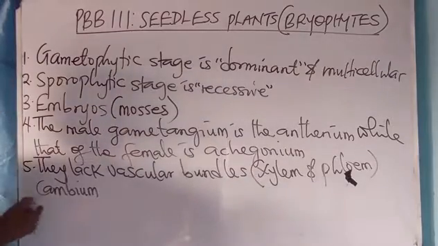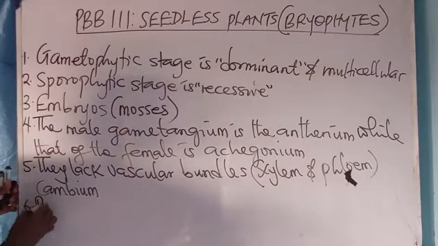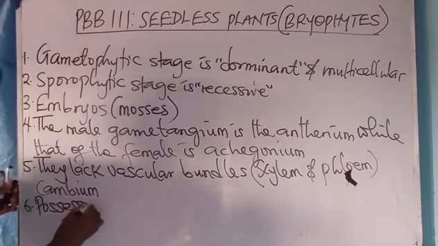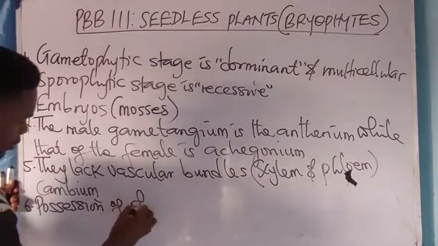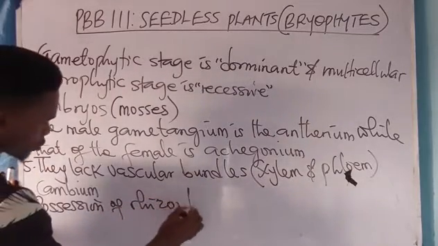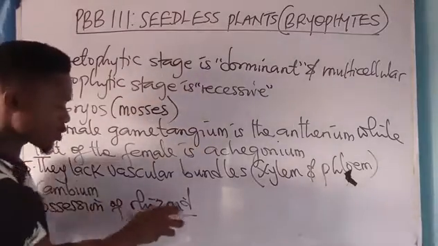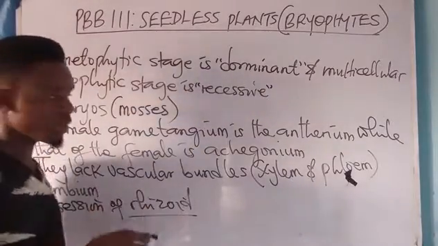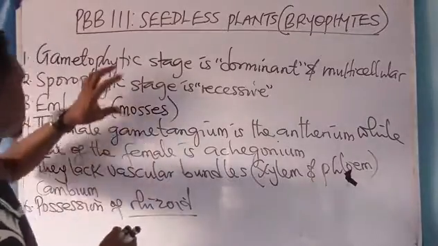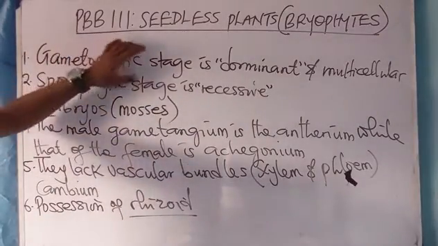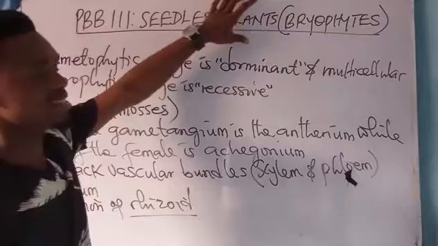Please, they have rhizoids. The rhizoid is an absorptive organ. It absorbs mineral salts, and it is possessed by the bryophytes, which are the seedless plants.